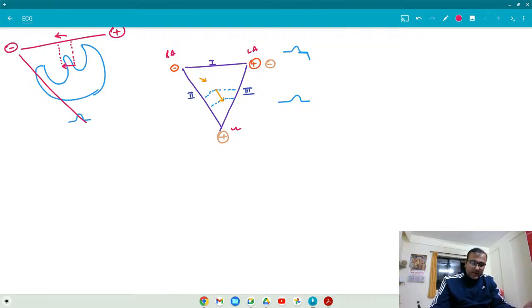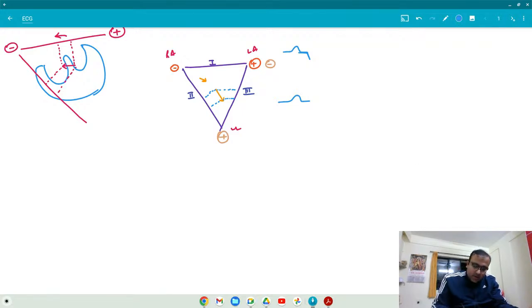the direction of the vector. Rest of the people, do you agree or disagree? Agree? Okay, correct. So negative deflection. So lead 2 also has negative deflection.